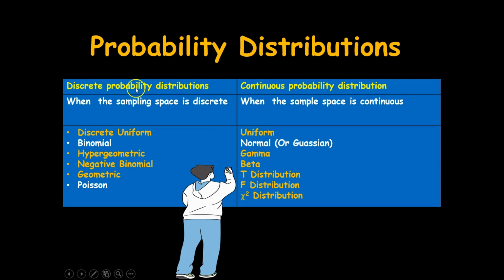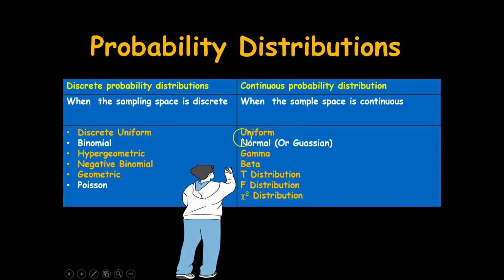Now there are different types of probability distribution. One category is discrete probability distribution and another one is continuous probability distribution. Whenever we have variables which are discrete in nature, or we can say when the sample space is discrete, or when the sample space is continuous. Under discrete distribution, we have different types: discrete uniform, binomial, hypergeometric, negative binomial, geometric, and Poisson distribution.